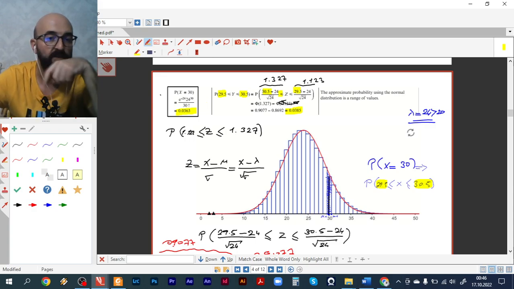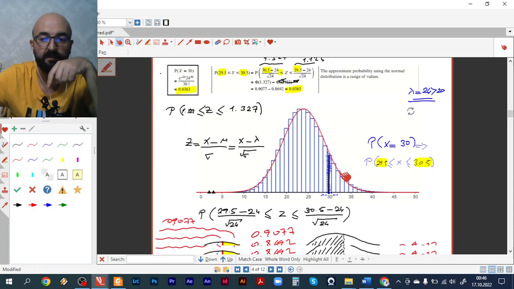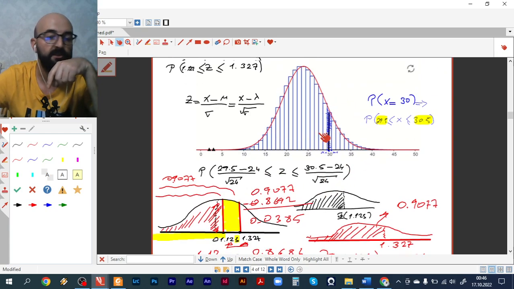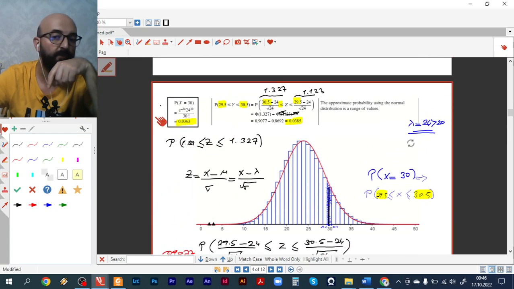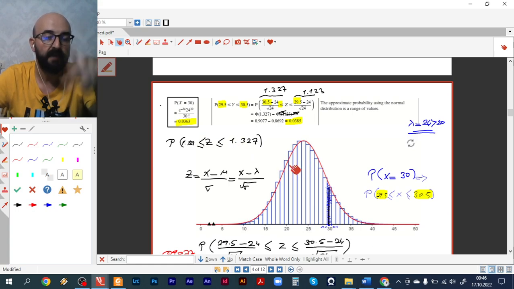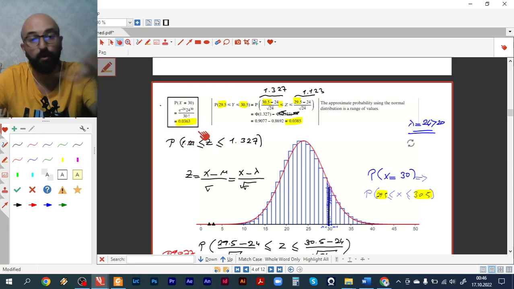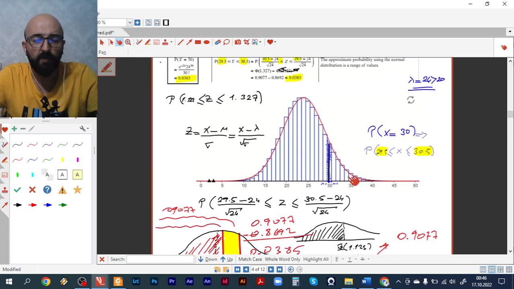And we prefer the normal distribution instead of the Poisson distribution, because using the normal distribution is very easy compared to the Poisson distribution.